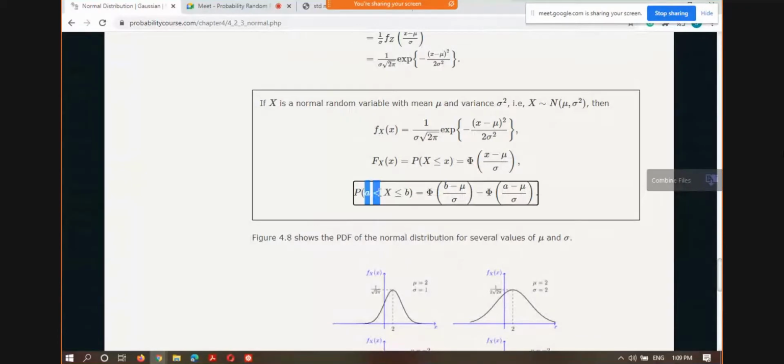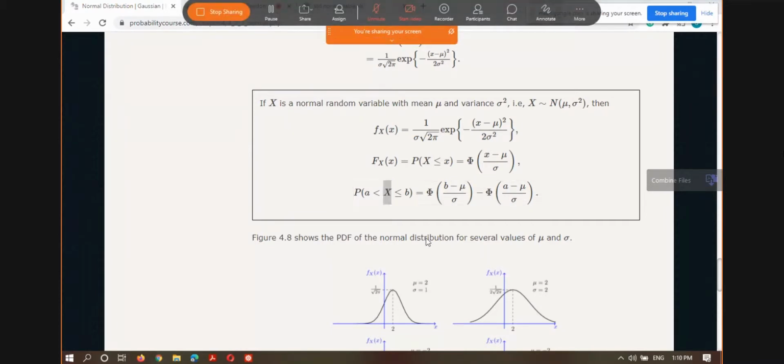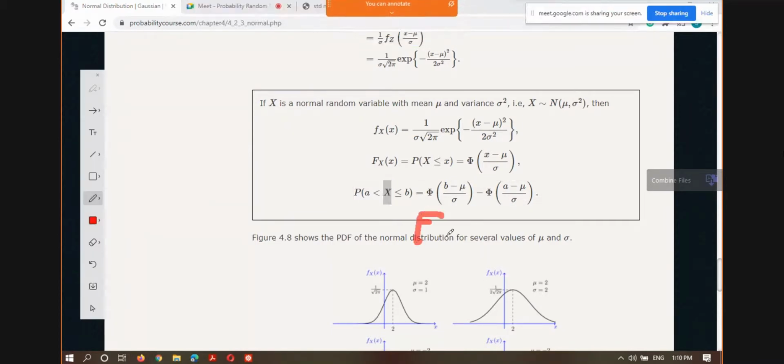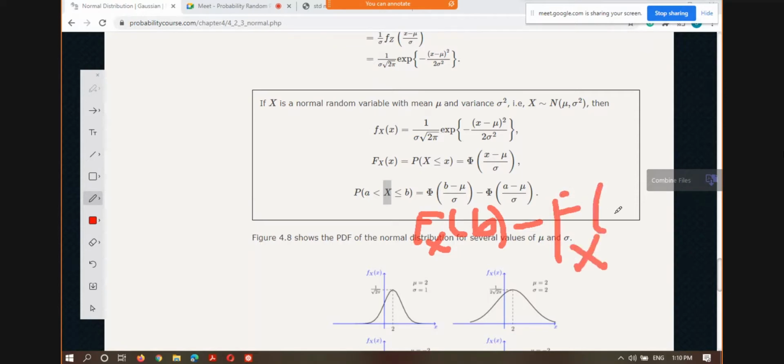So like the probability of a less than X less than or equal to b, where X is a normal random variable with mean mu and variance sigma square. Earlier this was F_X(b) minus F_X(a).